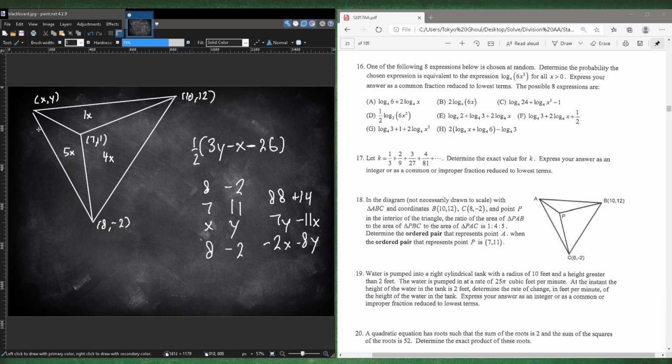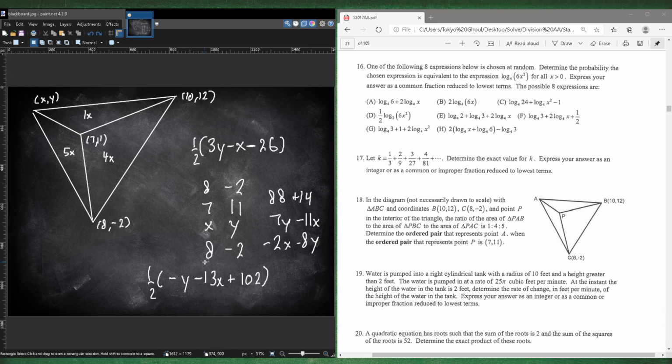So then we have our y's, which is -y minus 13x plus 102. And then half of that will equal the area for this triangle.